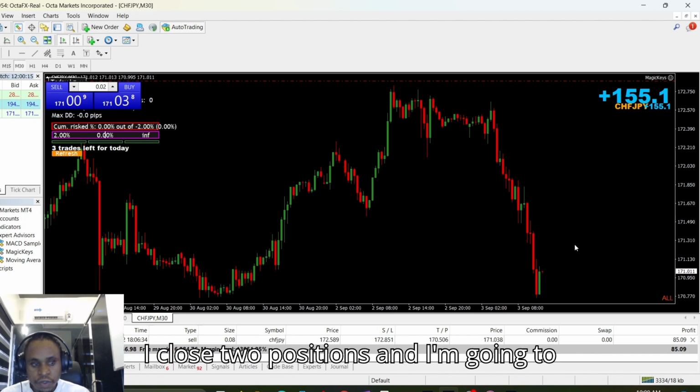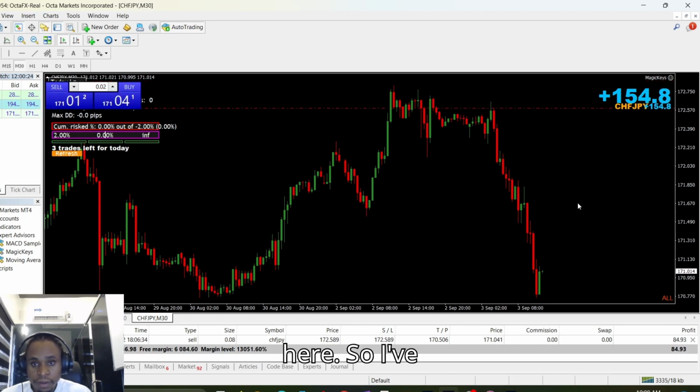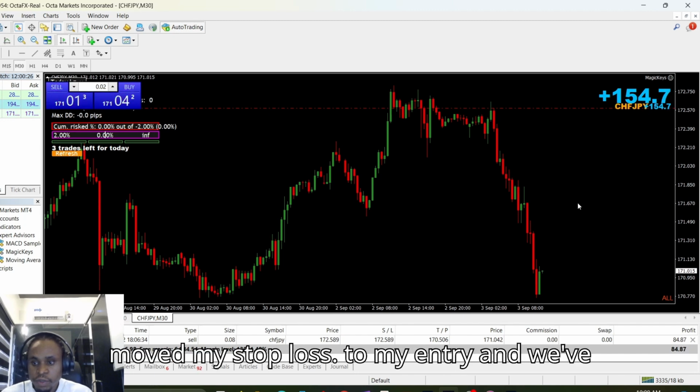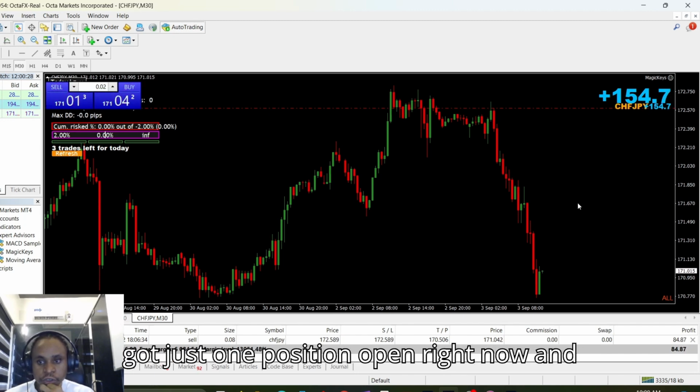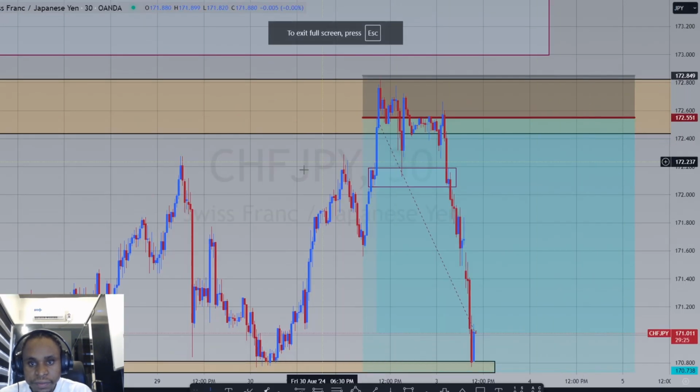I close two positions and I'm going to move my stop loss to my entry here. So I've moved my stop loss to my entry and we've got just one position open right now.